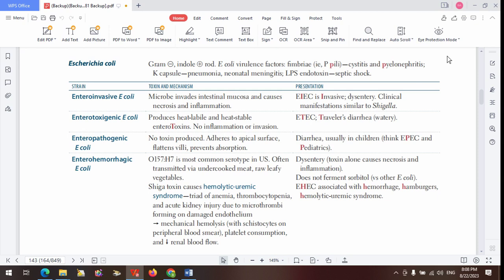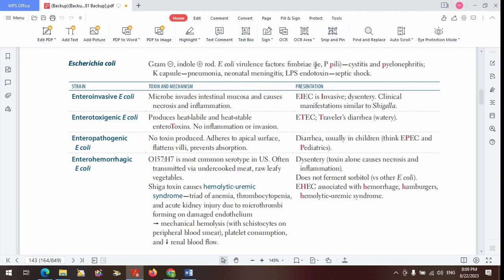The endotoxin is responsible for the ability of E. coli to cause septic shock. The capsule is responsible for its ability to cause pneumonia and meningitis. So it's able to escape the macrophages in the lung, causing pneumonia, and the macrophages in the brain, causing meningitis.